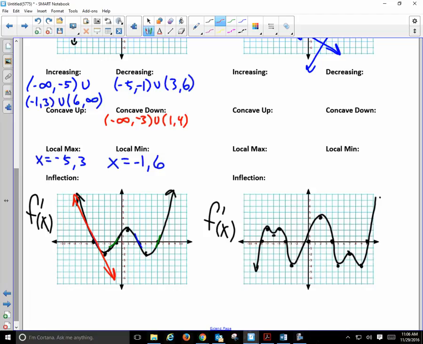And I'm going to be concave up from negative 3 to 1 union with 4 to infinity. So inflection is wherever the second derivative changes sign. It looks like it's going to be right here, and right here. So those are x values of.